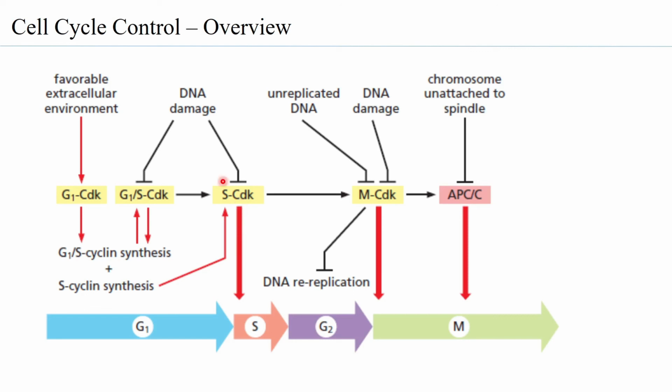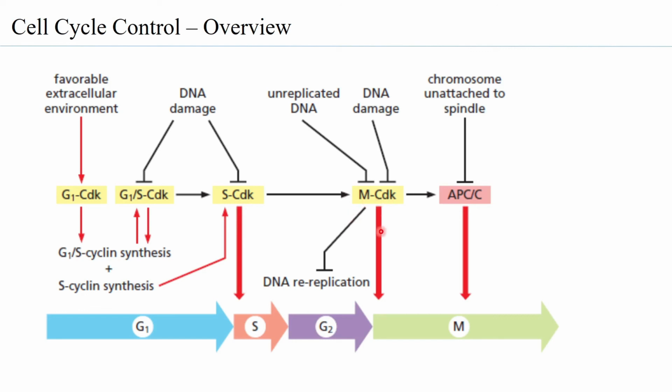So therefore, even if you have the G1S CDK and the SCDK formed, they can be inhibited and the cell can wait until all DNA has been repaired and then it can move forward for replication. So this SCDK, after it goes through the first transition phase, you will find that MCDK becomes active.